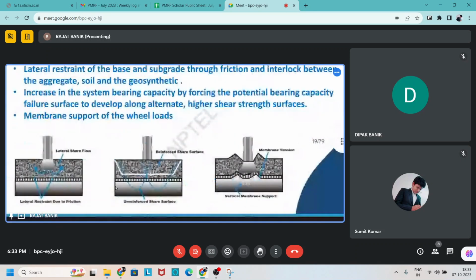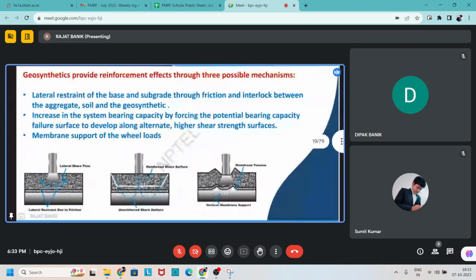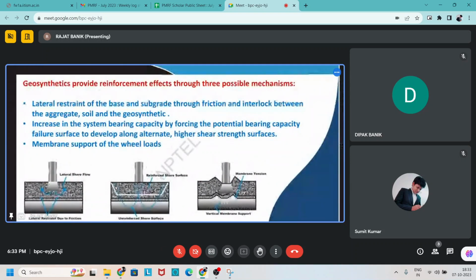Then, geosynthetics provide reinforcement effect through three possible mechanisms. First, lateral restraint of the base and subgrade through friction and interlock between the aggregate soil and the geosynthetic.